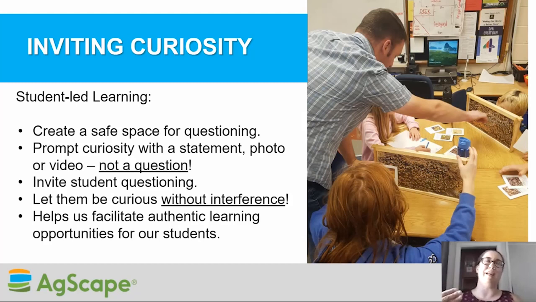If we get away from being specific in our examples and move more toward helping them see what's in front of them, whether they're looking at that statement or that photo or that video, I think that's helping them build that observation skill, so that they can then learn how to ask their own questions without us really interfering.